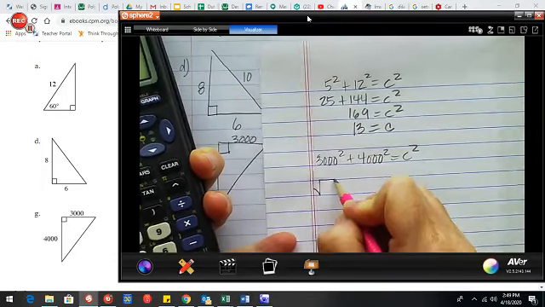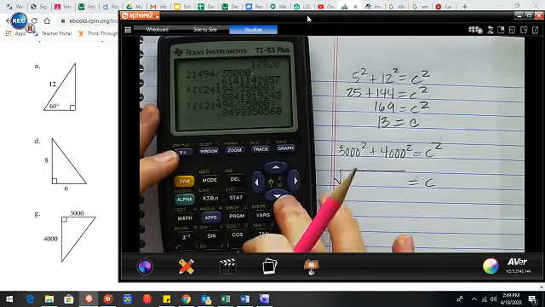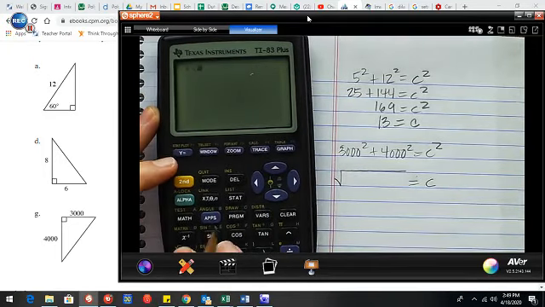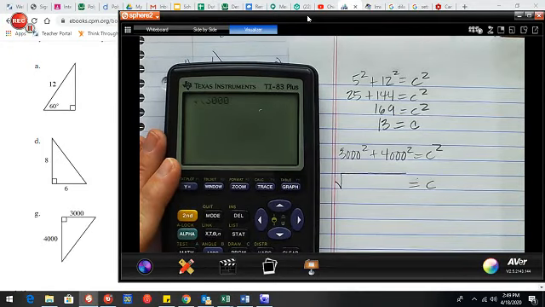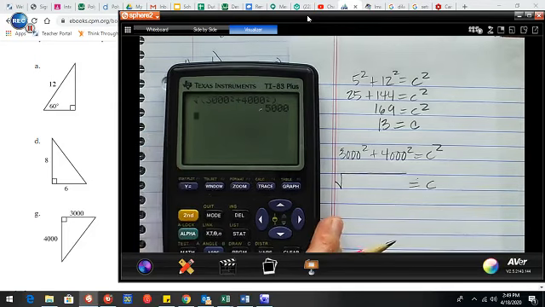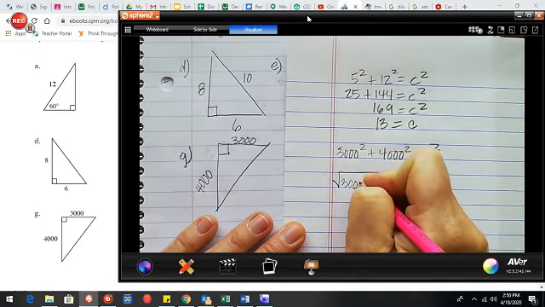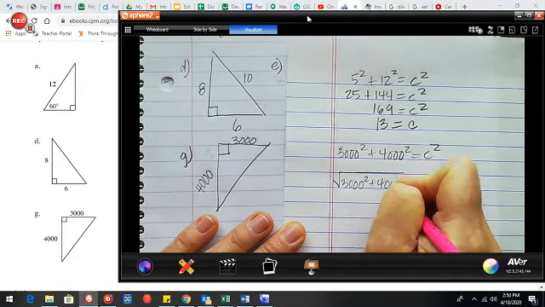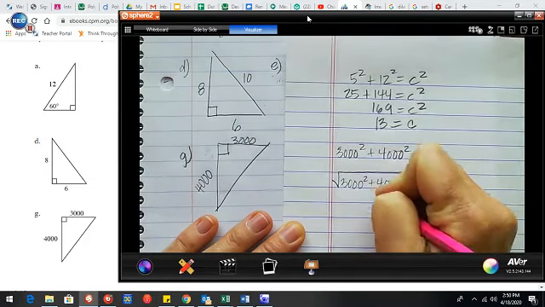So I'm just going to type in my calculator the square root of 3,000 squared plus 4,000 squared is 5,000. So I know that this answer is 5,000.